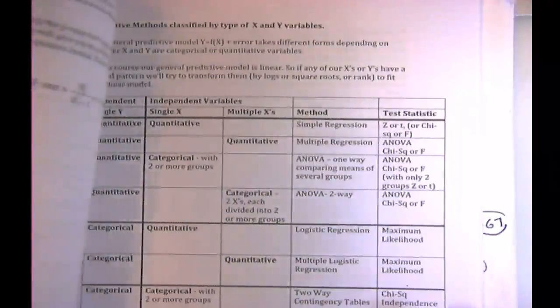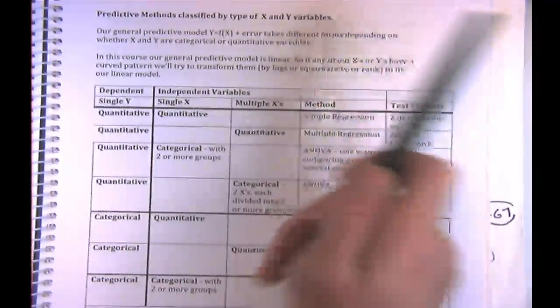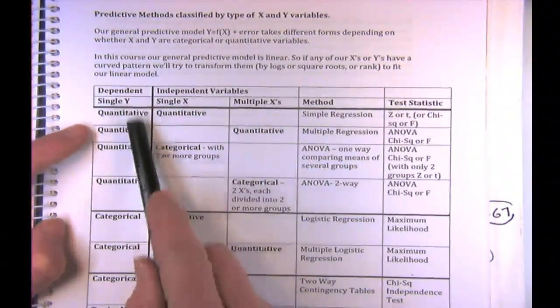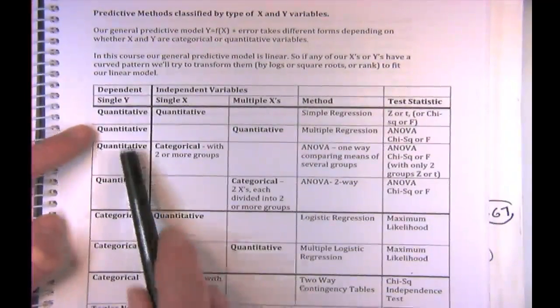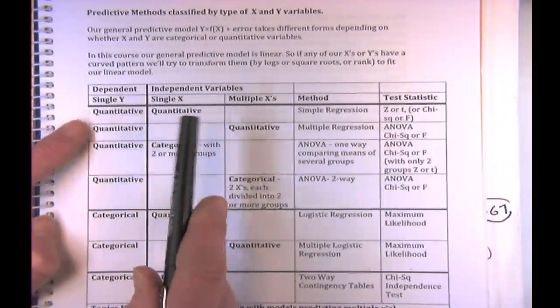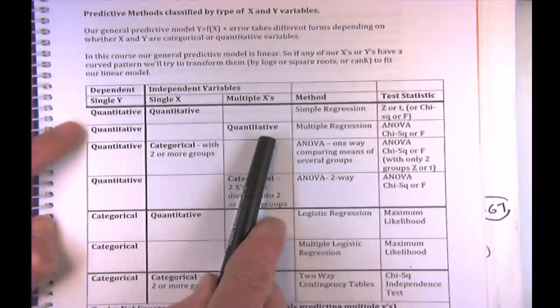If you look back at the organization on page 183 of our predictive methods classified by type of x and y variables here. So far, our y variable has been quantitative. We've looked at regression with a single x, multiple regression here.